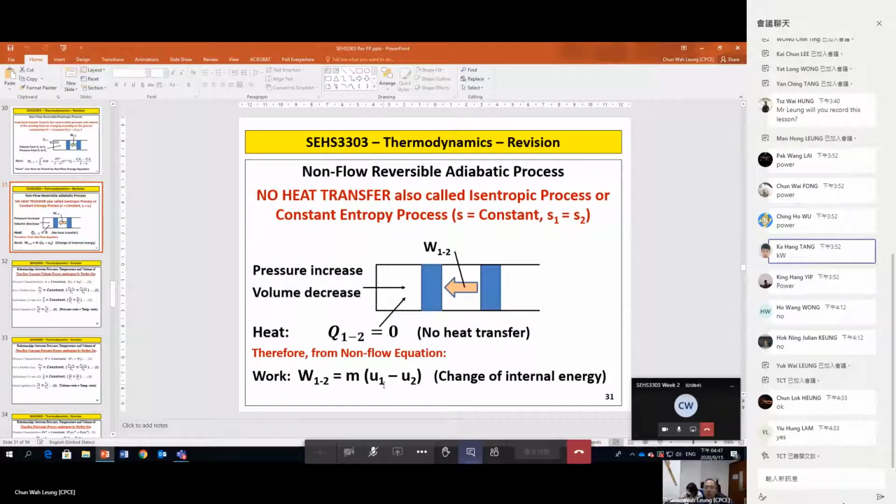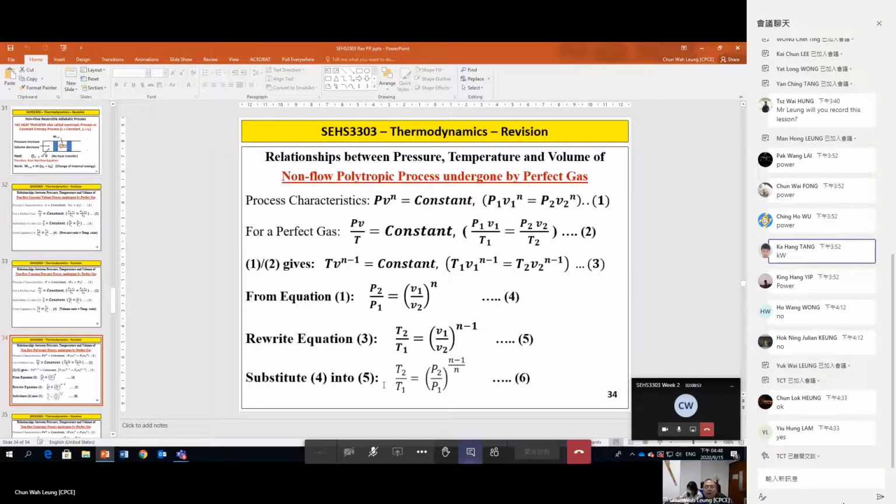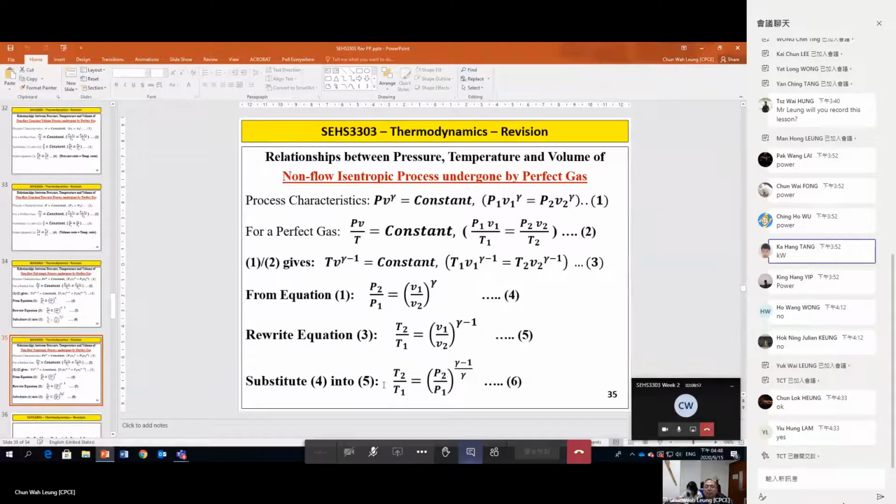Now, again, we always have two equations helping you to find the relation between the pressure ratio, the temperature ratio and the volume ratio.